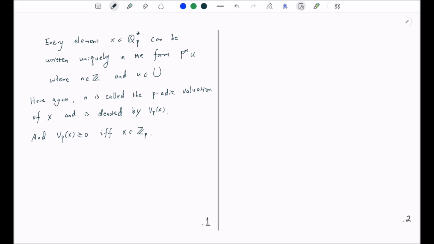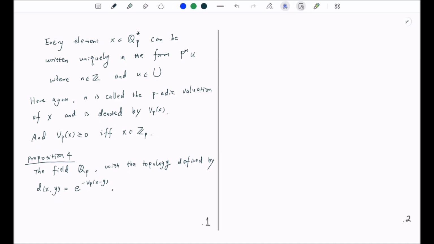And now, as an analog to proposition number 3 in the previous section, we have the following proposition 4, giving the topology on Q_p by the p-adic metric. The topology on Q sub p, the field of p-adic numbers, is defined by this metric. This is the definition for the topology on Q_p. Here we do not have a subspace topology.